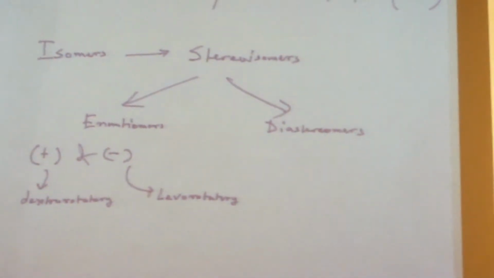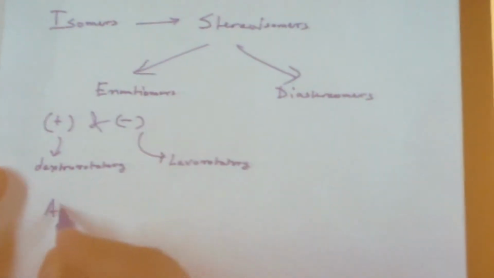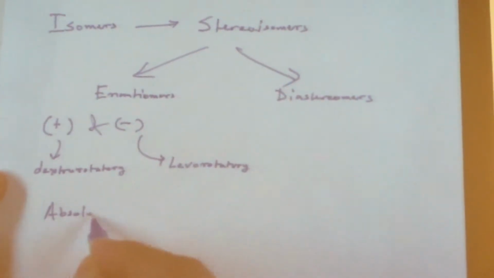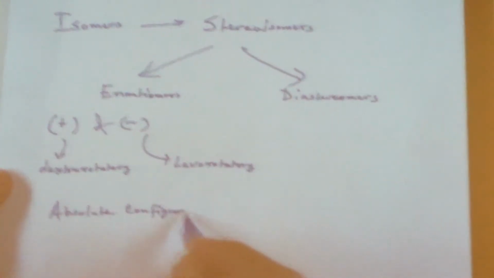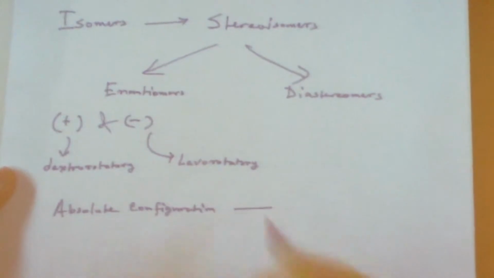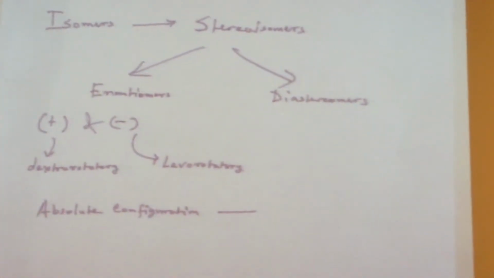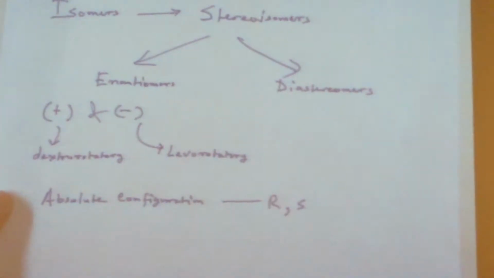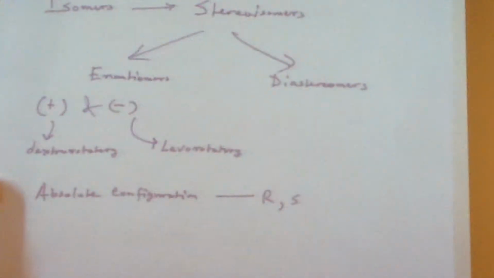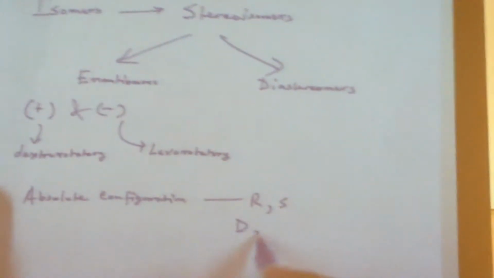And we determine the absolute configuration typically by the Cahn-Ingold-Prelog system, so R or S, or by the Fischer projection, we can say D and L.